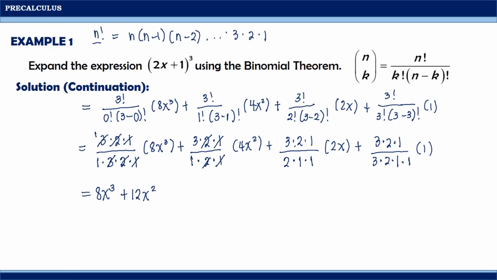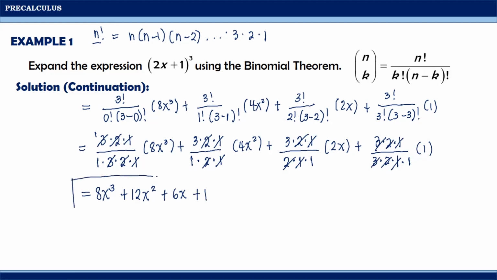Next term, cancel the common factors, giving you 3 divided by 1 is still 3, times 2x is 6x. And finally, for the last one, cancel the common factors. So you only now have here 1 times 1 will be equal to 1.